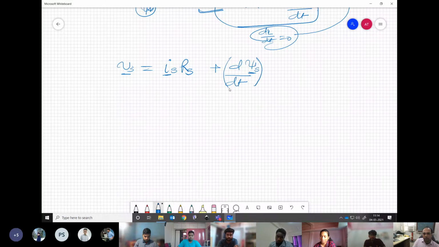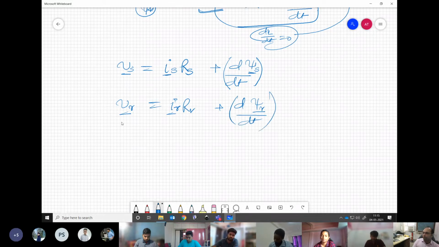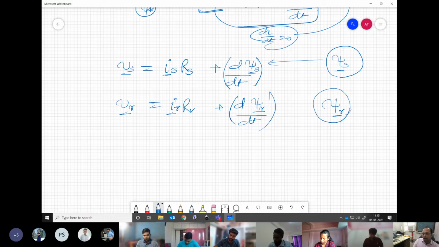The stator has stator flux and the rotor has rotor flux. This is clear, right? No confusion. So when we are writing the stator equation, we are considering psi s, of course in the stator reference frame. And when we are writing the rotor equation, we are taking psi r, of course in the rotor reference frame.